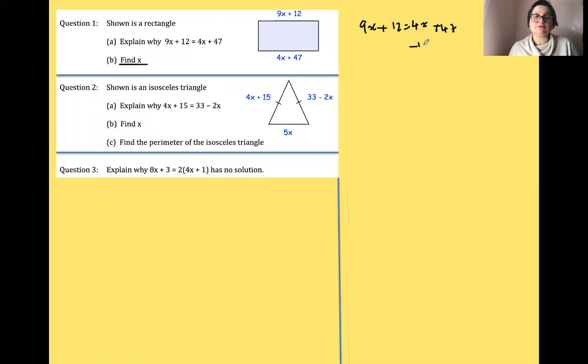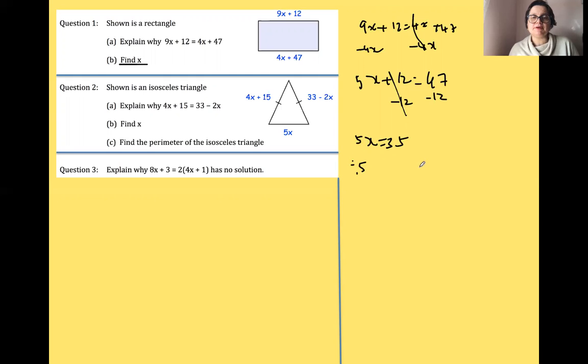And now solve the equation. I'm going to get rid of the 4x on this side, minus 4x, because when I see positive signs, I want the x on the left-hand side. So we have 5x plus 12 equals 47. Again, take away 12 from both sides. 5x equals 35. Then divide by 5 on both sides, and we get x equals 7.